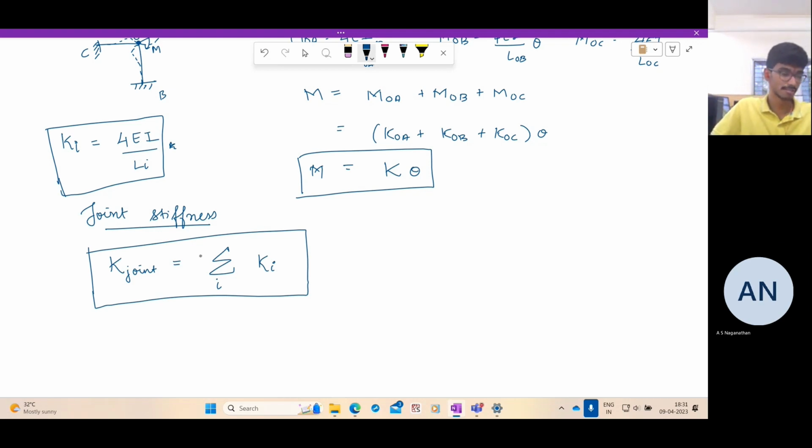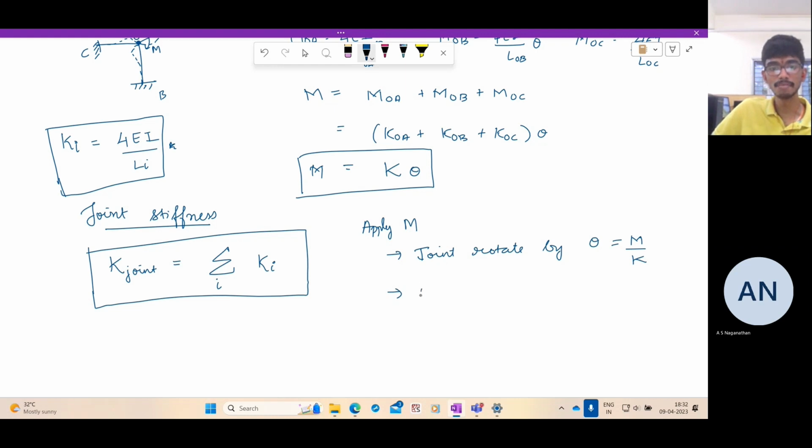Now, once we know this, what do we do? We define what are called the distribution factors. If we apply a moment M to the joint, the joint will rotate by theta equal to M by K. And what else happens?